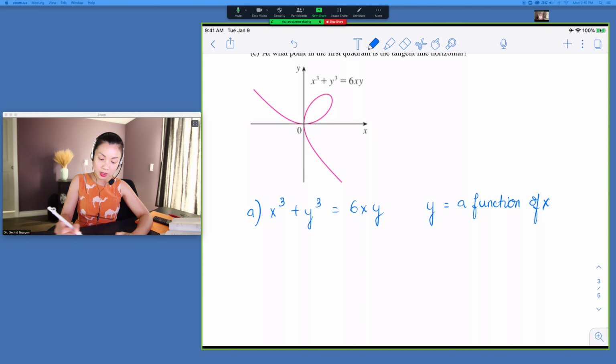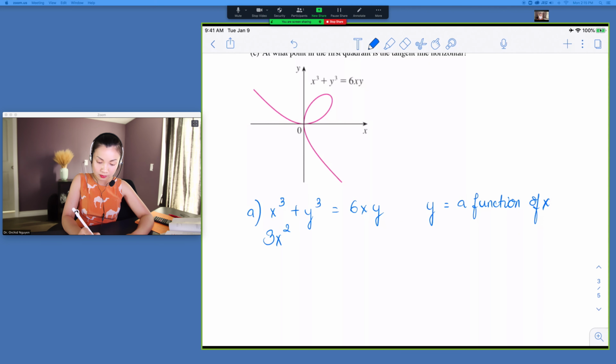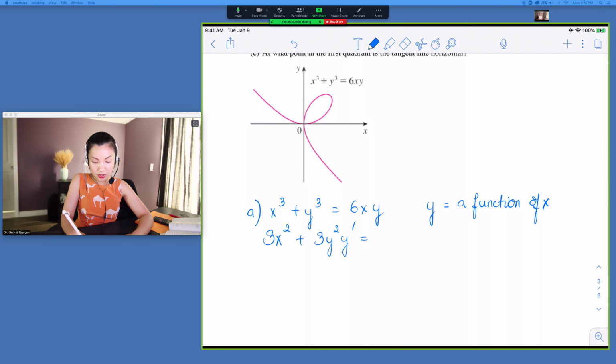All right, I'm going to take the derivative. 3x squared plus 3y squared y prime, chain rule. For this one, we have the product rule.